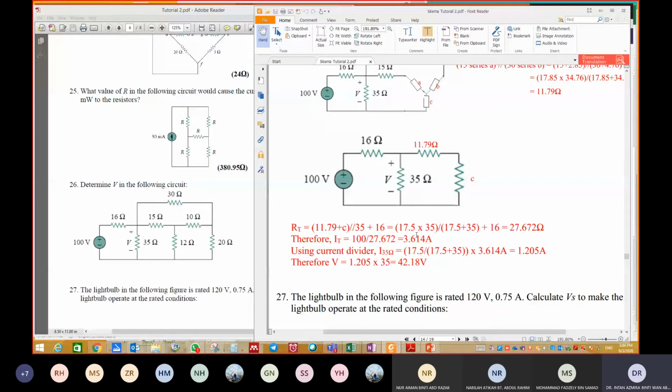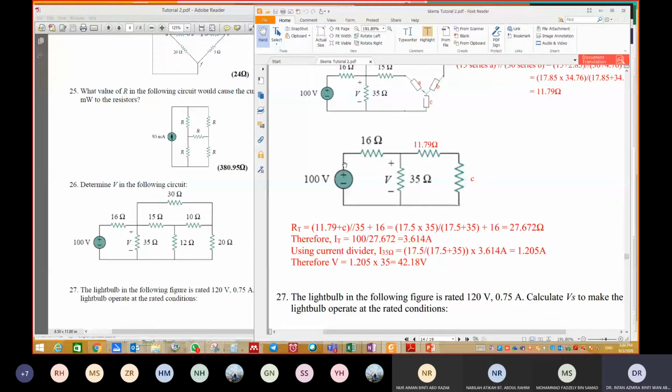And then this is the R total. How to find the I total? V total divided by R total, and we have 3.614. This is I total that flows from the source to here and then divides into two branches.